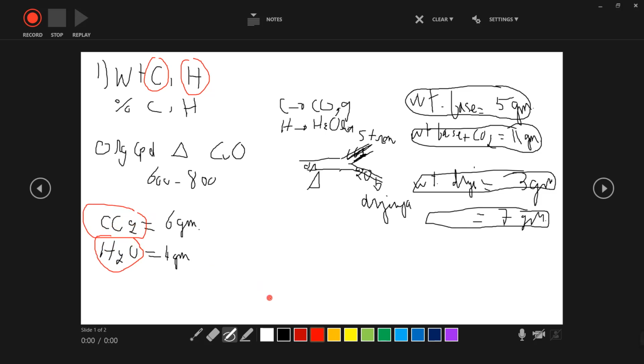So what can I do? One last step to finish this process. Okay. I want to know what is the amount of carbon that exists in those 6 grams of carbon dioxide. I also want to know how much hydrogen exists in those 4 grams of water. So what I will do, okay, let's explain this.